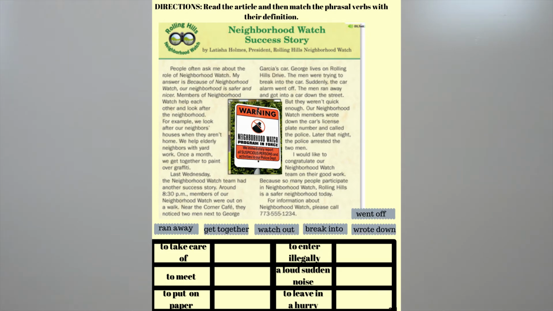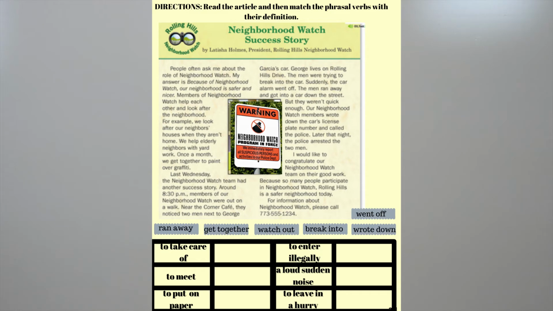I would like to congratulate our Neighborhood Watch team on their good work. Because so many people participate in Neighborhood Watch, Rolling Hills is a safer neighborhood today. For information about Neighborhood Watch, please call 773-555-1234.